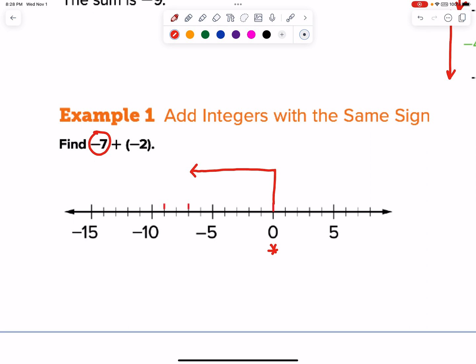Okay, now that we're at -7, now we can, a little bit above, represent the addition of the -2. So I'm going to just put a little point here, go 2, and there we go. And our final answer is going to be right here at -9. Okay, and so there's our answer, -9.